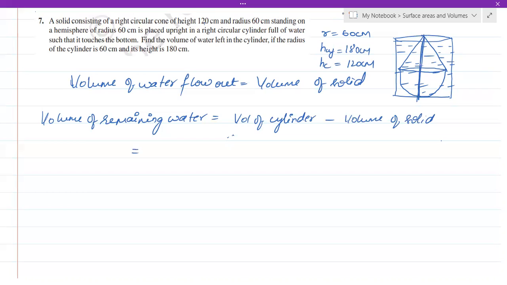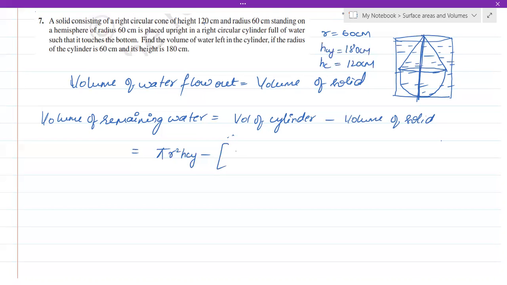Volume of cylinder is given by the formula pi r square HCy minus volume of solid. Now, the solid is made up of two parts, so let's write the bracket. It has got a cone and a hemisphere, isn't it? So what is the volume of cone?